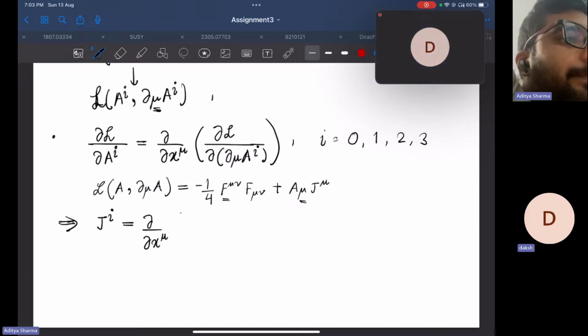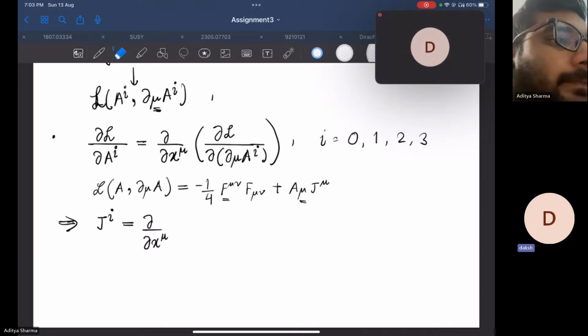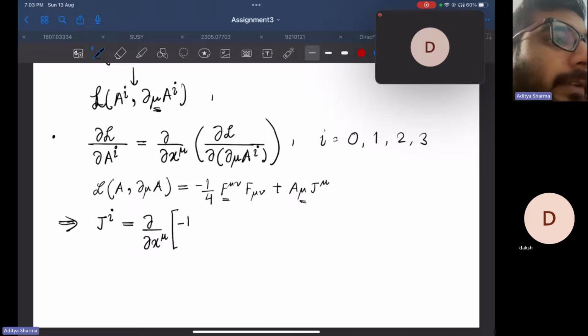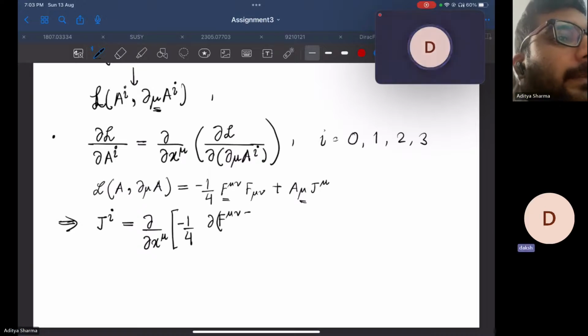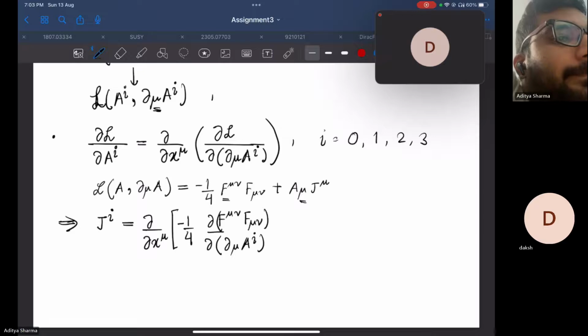So you get J_i equal to ∂/∂x^mu of minus 1/4 ∂(F_mu nu F^mu nu) by ∂(∂_mu A_i).